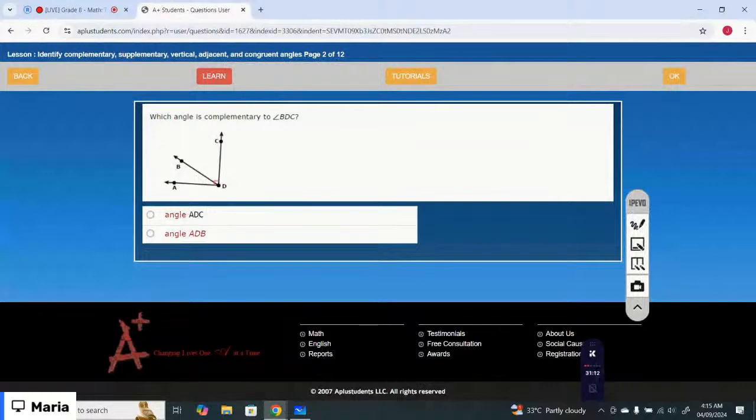Angle BDC, that would be angle ADB. Option number 2 is the correct option. The correct option is option number 2, that is angle ADB.